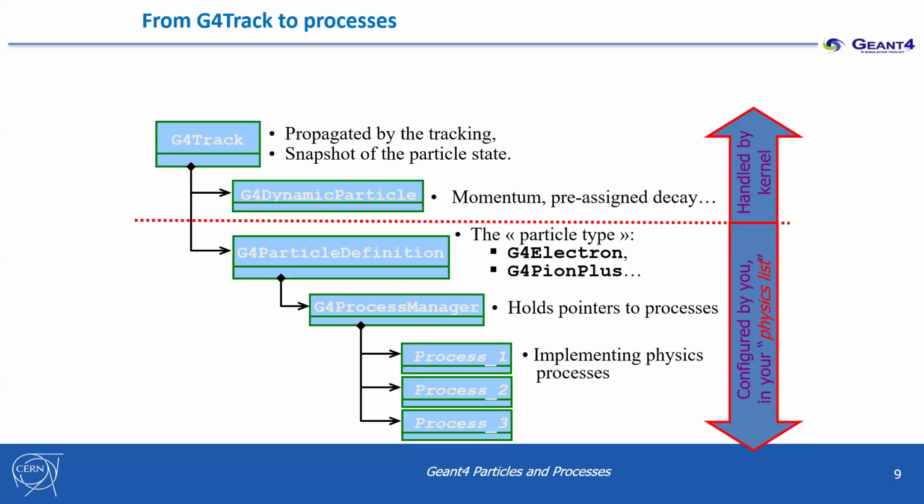The lower part, below this red dotted line, is a part where real physics is defined. And this should be defined before start of run. Before start of run, each particle definition should know what physics may happen with this particle.